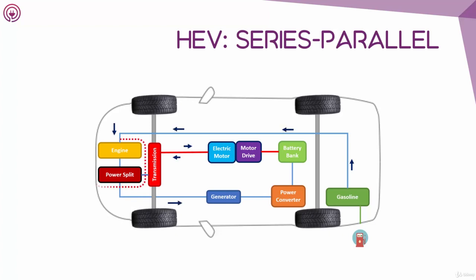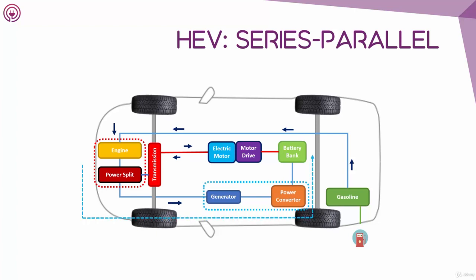Also, it has an IC engine and electric engine, that is the motor, together powering the wheels as found in the parallel hybrid electric vehicles. Although this kind of design is more flexible as far as driving modes are concerned, it is additionally more complicated and obviously costly.